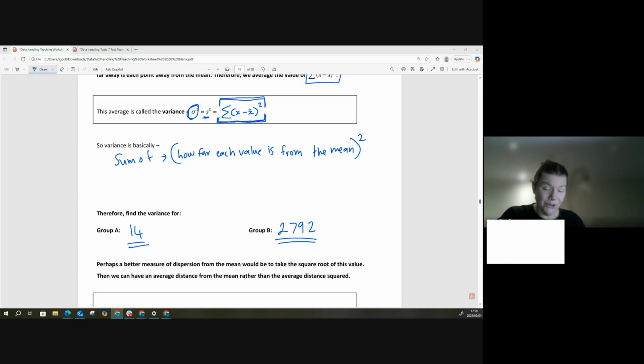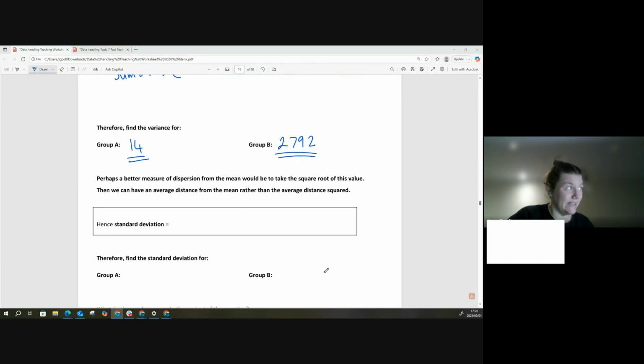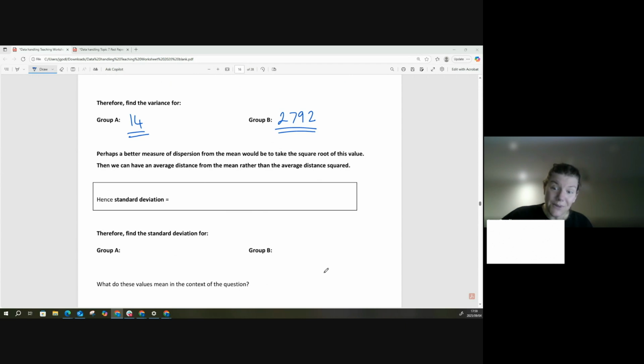But like we just spoke about, those numbers are really big and they can be a little bit confusing. So instead of using those numbers, we think, well, why don't we just square root them? Because now they're these huge numbers. So the standard deviation is the square root of our variance, or it's just our little standard deviation sign, or we just call it S. So now if I wanted the standard deviation of group A, it would be the square root of 14.